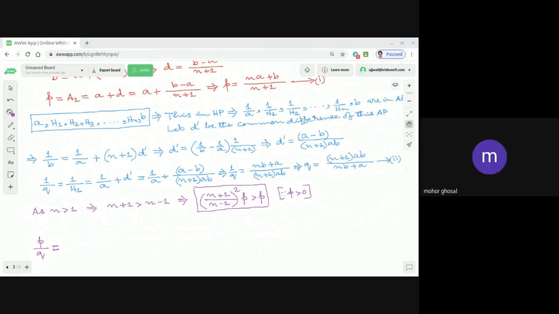So p by q is (na plus b) by (n plus 1) into (nb plus a), divided by (n plus 1) into ab.